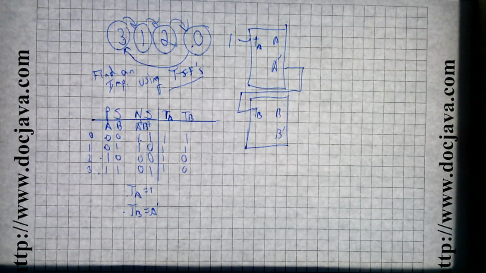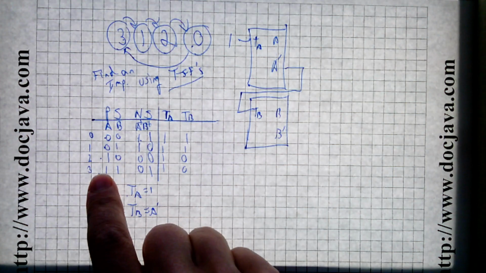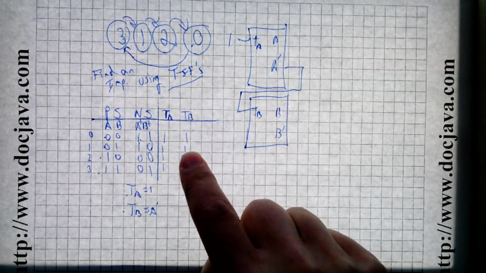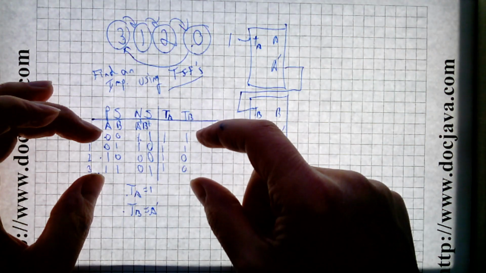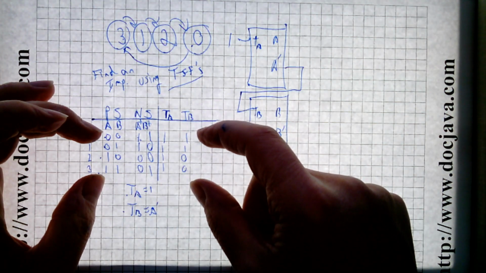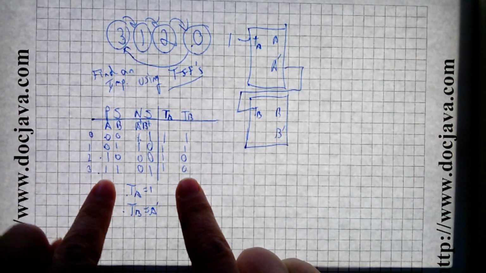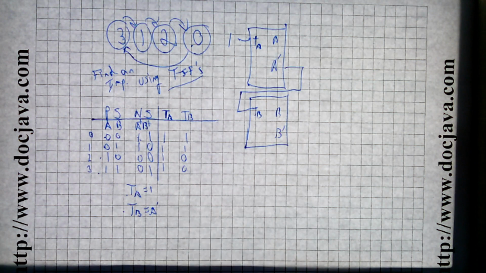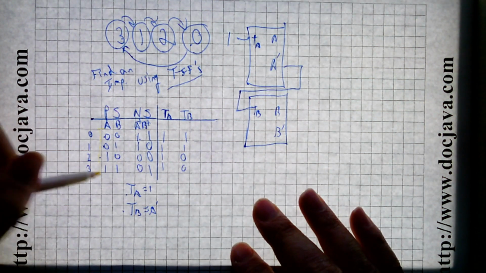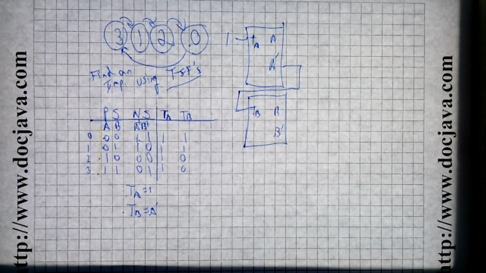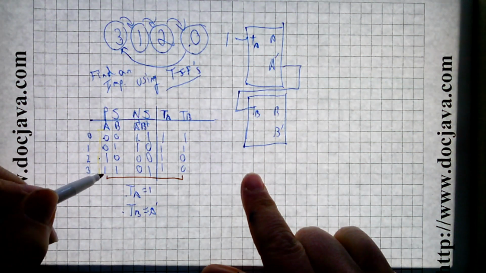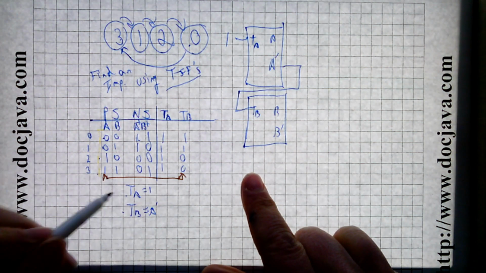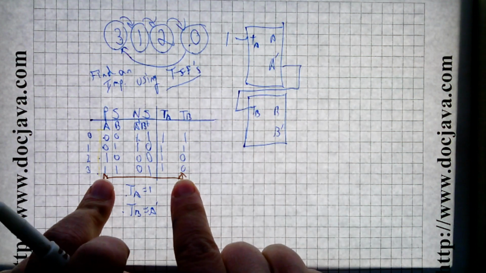Well, here's A, 0, 0, 1, 1, and here's T sub B, 1, 1, 0, 0. So if we look at these two different things, they are identical except they're inverted in sense. Does that sort of make sense? I did it by inspection. I suppose doing these things in my head isn't such a great idea, but maybe you could see how I compared these two and said, oh yeah, that's A prime.